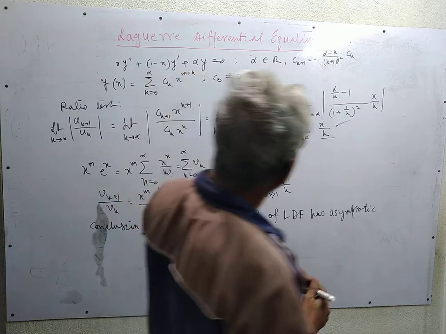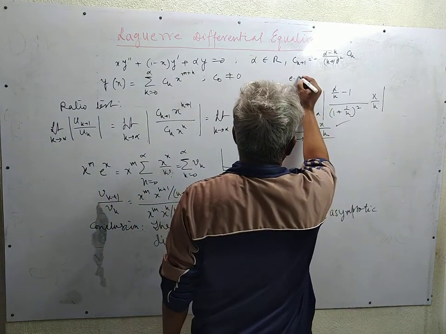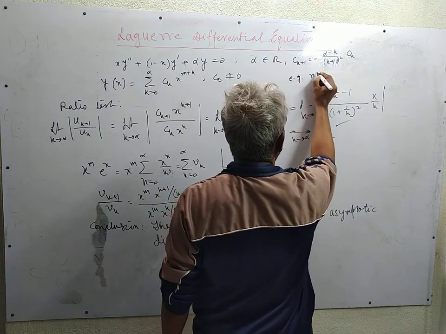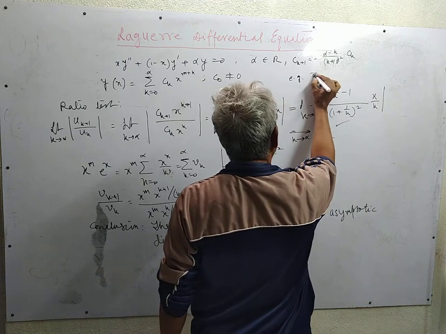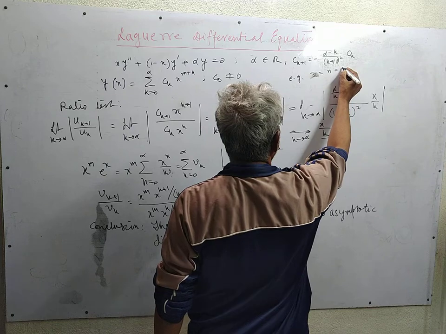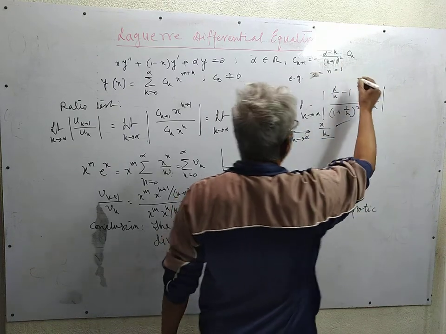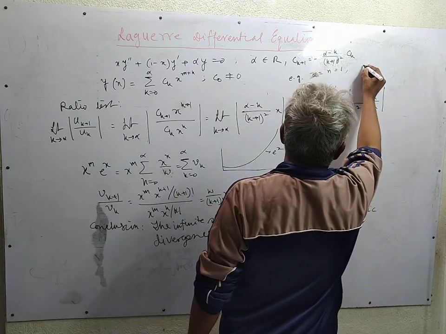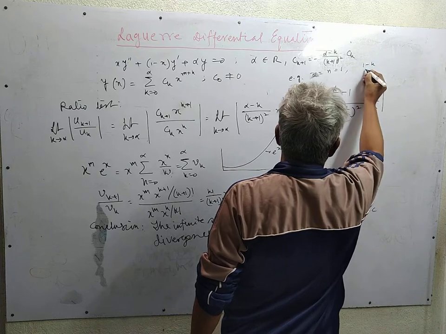As for example, if we put alpha equal to some positive integer, n equal to 1, in which case this becomes 1 minus k in the denominator.